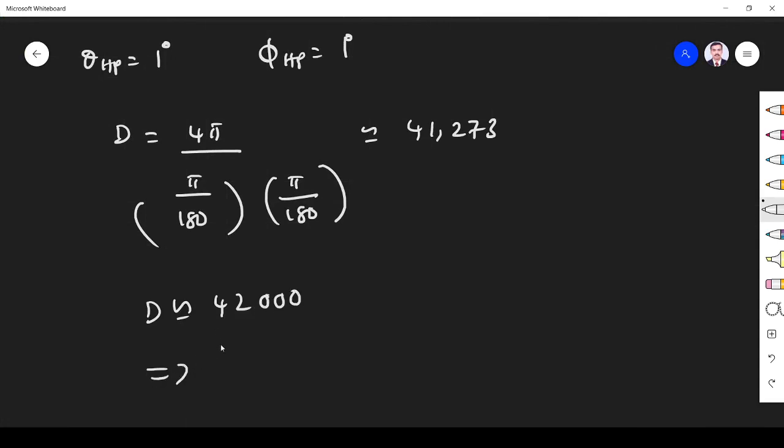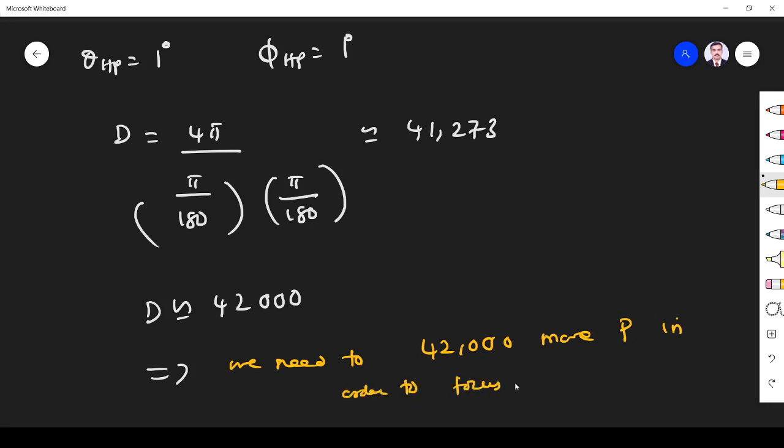This indicates that if we don't have a directional antenna, we would need 42,000 times more power in order to focus the radiation in this direction.